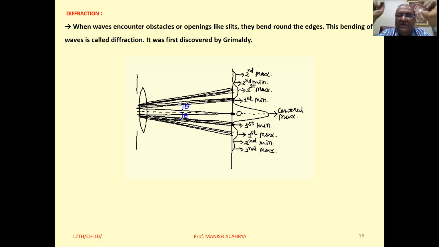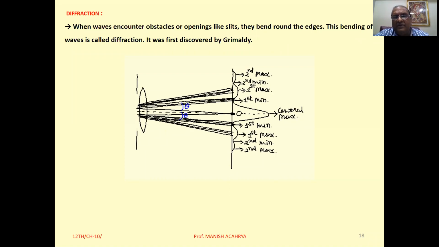So when the wave passes through the slit, at the edge of the obstacle, bending of waves takes place. And this bending of waves is called diffraction. The scientist Grimaldi first observed this phenomenon.